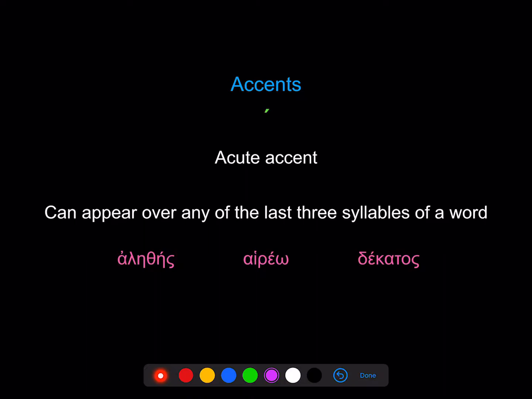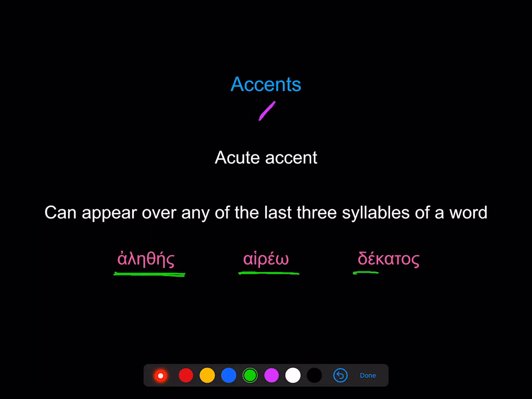All right, so let's look at where they can all appear. Now, an acute accent can appear over any of the last three syllables of a word. So here are some examples. Alethes means true. It's an adjective. Hyreo means I take.